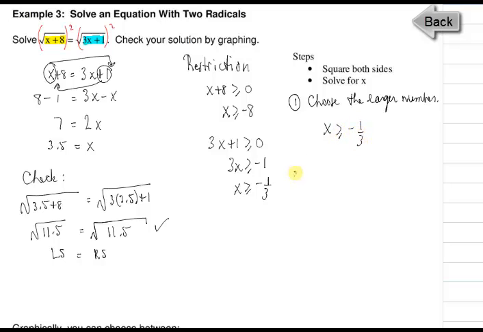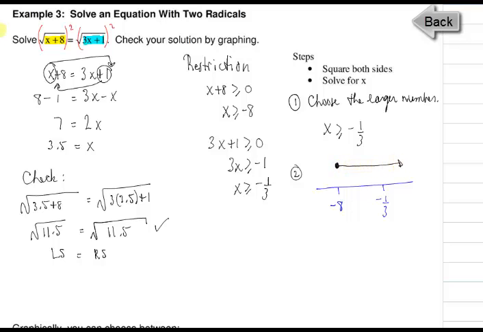The second way we can do this is visually. What you want to do is draw yourself a number line and put your two restriction values on the number line, showing that the negative 8 is smaller than the negative 1/3 by making sure it's on the left of negative 1/3. So if we want to graph x is greater than or equal to negative 8, we use a closed circle to show equal to, greater than, we want to move to the right.